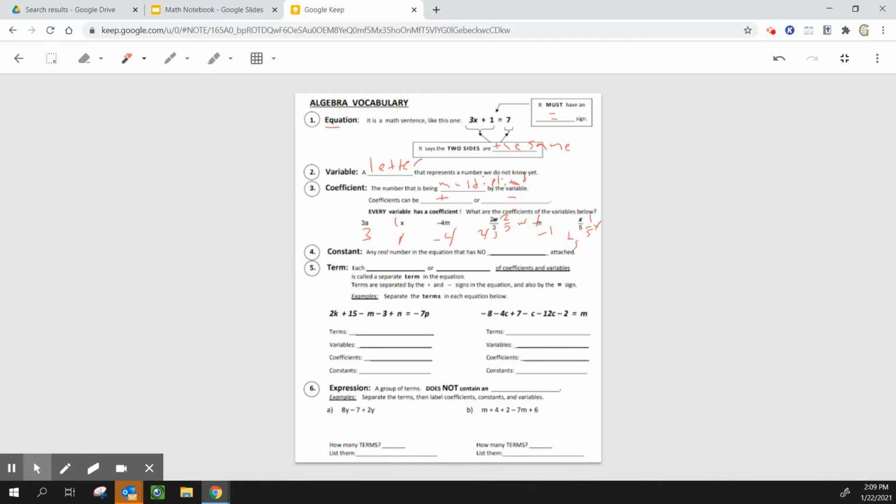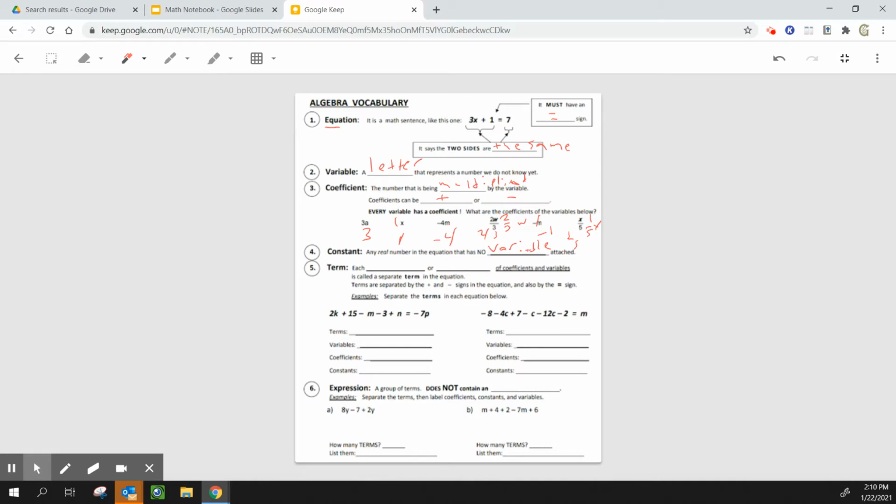Next vocabulary word we have is constant. It's any real number that's in the equation that has no variable attached. So if you should just see the number 5, for example, that would be a constant. Another word is term.